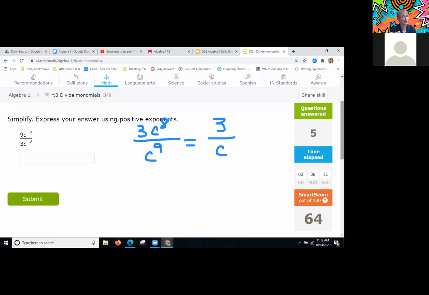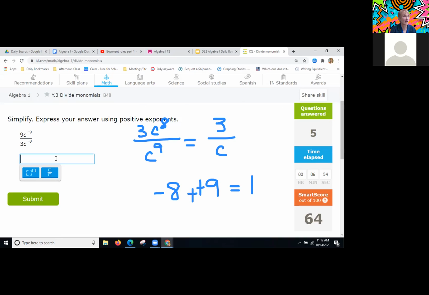Again, an alternate way to think of it is which one's greater, -8 or -9? -8 is bigger, so I know c is going to be in the bottom. And then I'm doing -8 subtract -9, and I get plus plus, which makes that +1, which is why this exponent is a 1, but it's in the bottom.